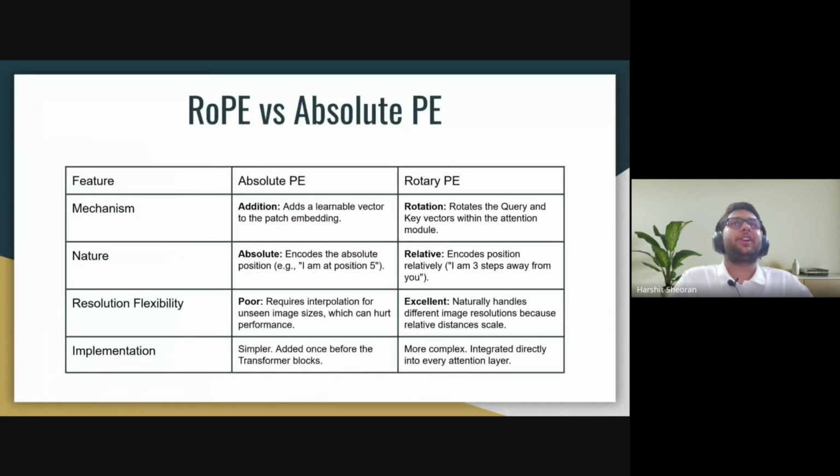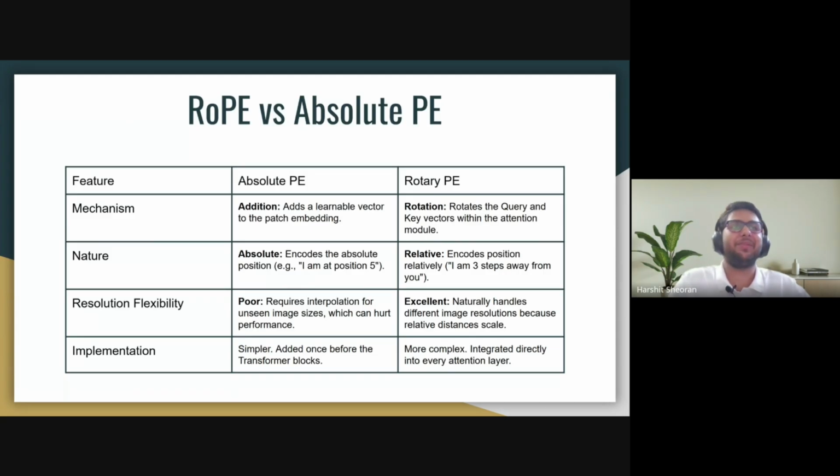To explain rotary positional embeddings, this idea comes from natural language processing. Basically, LLMs use it. Instead of the absolute positional embeddings that the standard ViT uses, where we add a learnable vector to the patch embedding, rotary positional embeddings calculate relative position, and then we apply it in every attention. It's not as simple as just adding it.